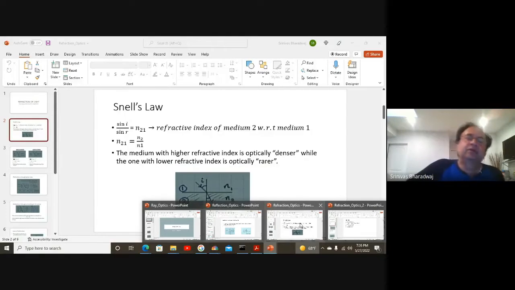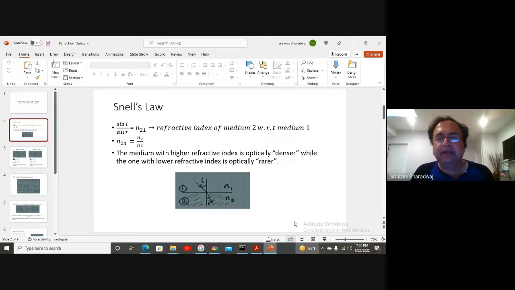So 1 by v plus 1 by u equals 1 by f, but in some cases the v becomes a minus v. So keep that in mind. So 1 by v plus 1 by u equals 1 by f, v by u equals magnification, and you have your ray optics.